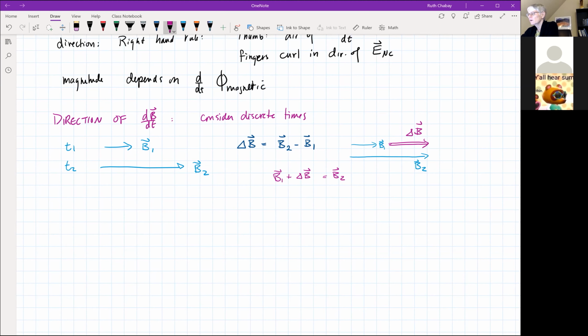So the vector subtraction goes from the first vector to the second vector. It's easier, of course, if we had non-collinear vectors. If we had a B1 and a B2, then that would be easier to see.